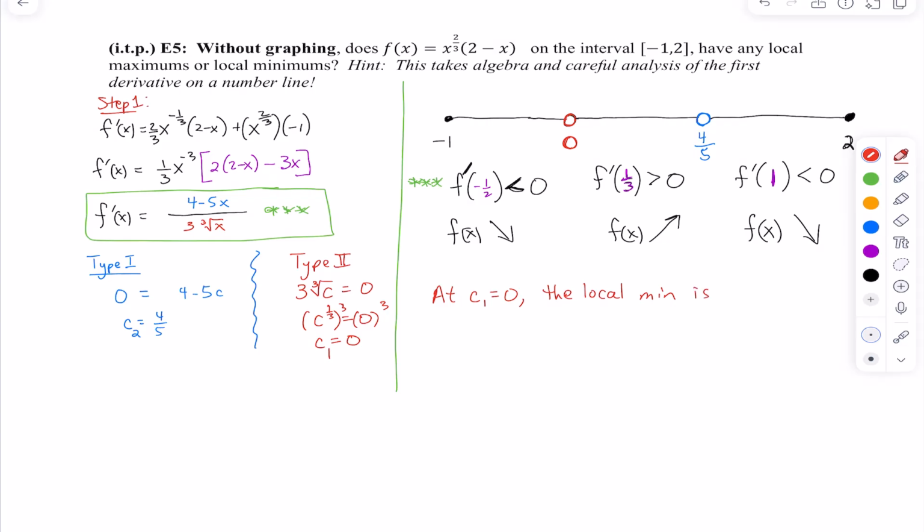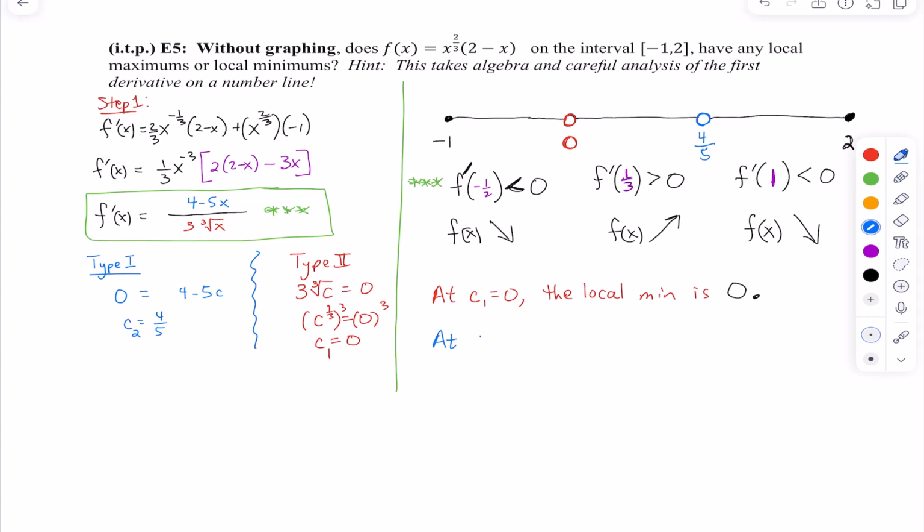And it's just evaluated at 0 for your function. So what's f of 0? f of 0 is just 0. Ready for the other one.